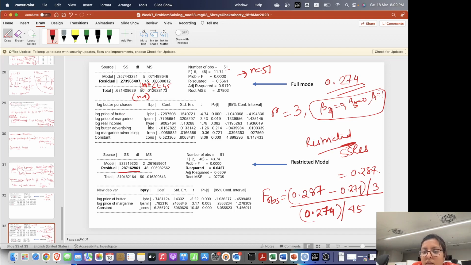So the cutoff is also given. What we have to compare this with is F(3, 45) at 0.05, which is something like 2.81. Now how much is the calculated value?